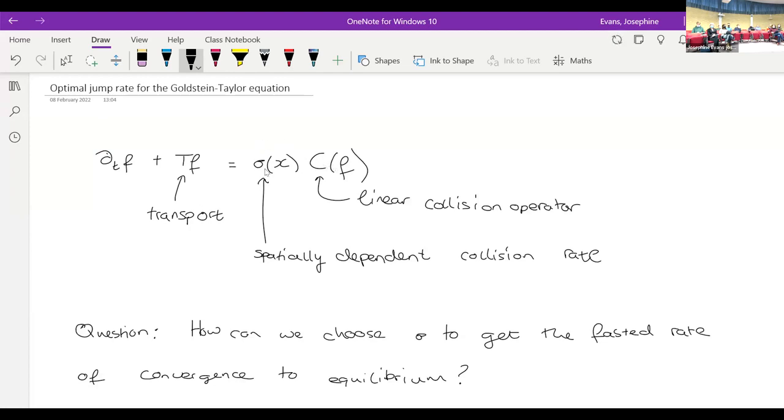If we introduce a sigma x here, we won't change the x marginal of the equilibrium state in most of these nice cases. And so if we can choose a sigma of x that makes you go to equilibrium faster than amongst constant sigmas, then we can make a slightly more efficient algorithm for doing our Hamiltonian MCMC.